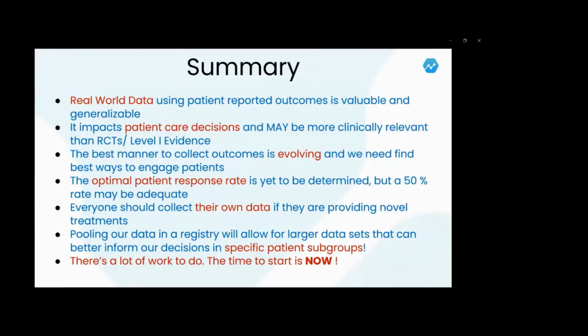The best manner in which to collect these is still evolving, something we're really focused on, to make it simple, user-friendly, practical, and actionable. Also, we want to make sure we have good compliance rates for those patients. So what is that optimal response rate? 50% may be good, but if you have a homogeneous group, maybe less than that's good. If it's extremely heterogeneous, you may need a much higher level.